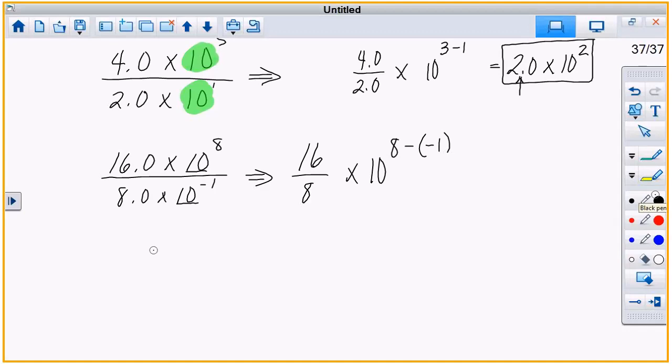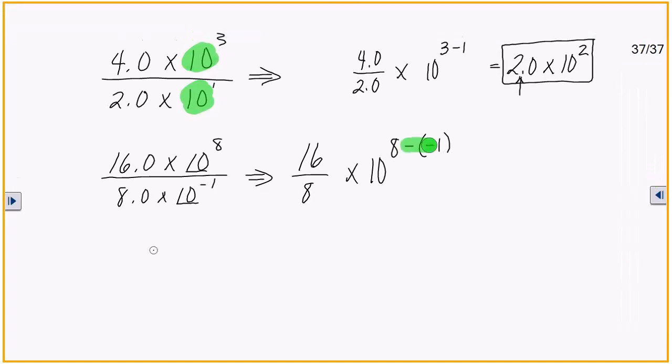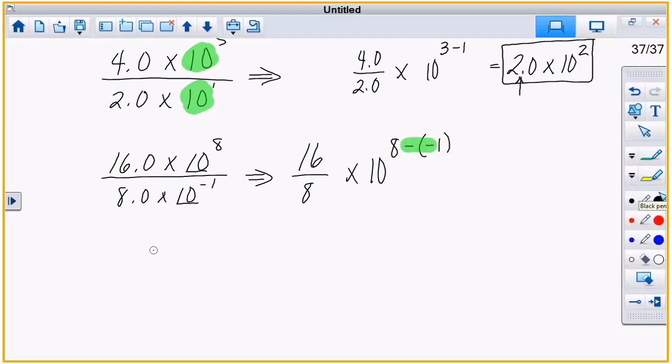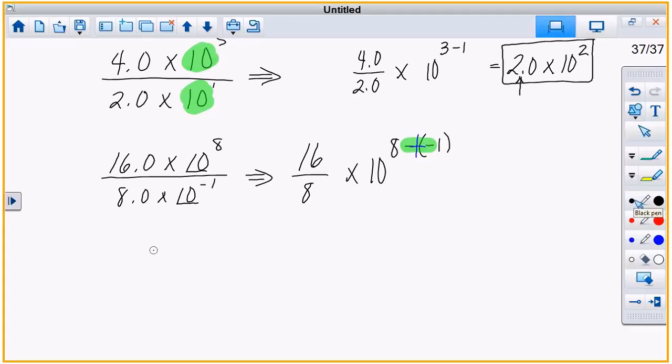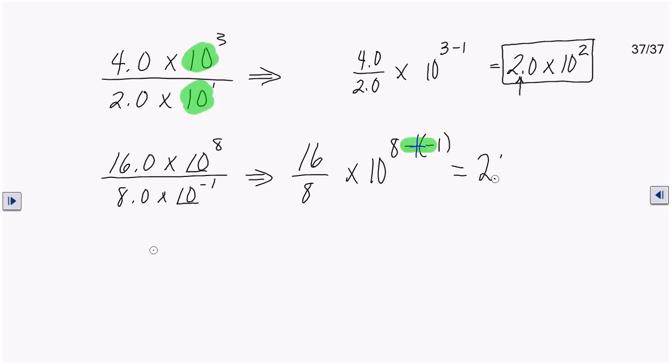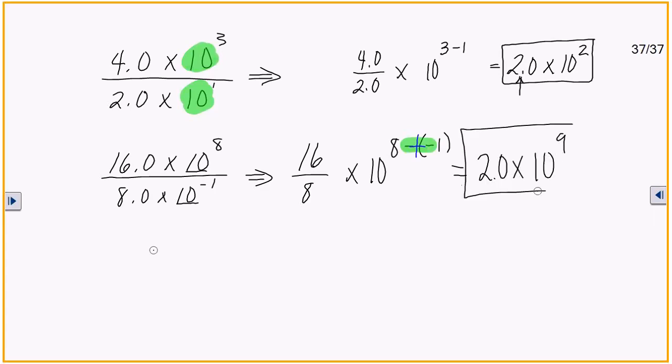And remember, that turns into a positive. And that's going to give us 2.0 times 10 to the 9th power. Again, the decimal is to the right of the first number greater than 0, so we don't have to change anything.